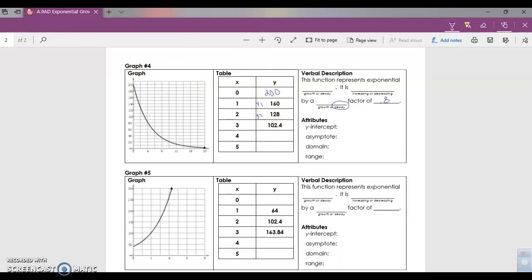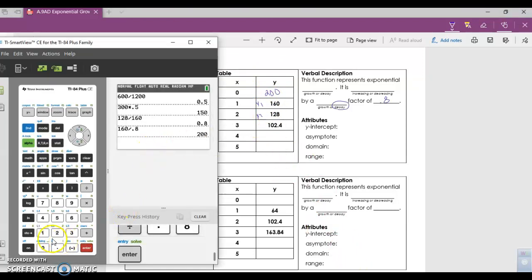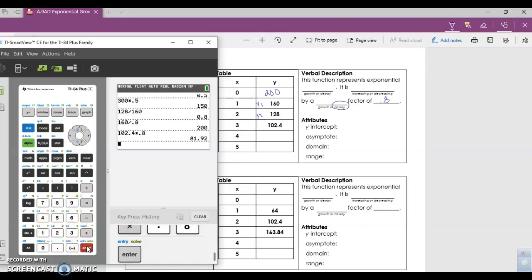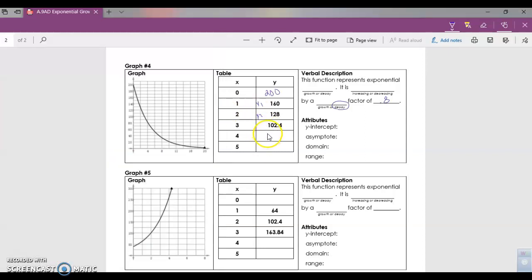Now to figure out the other ones, 102.4 times 0.8 is 81.92. And then take that times 0.8, and you get 65.536.